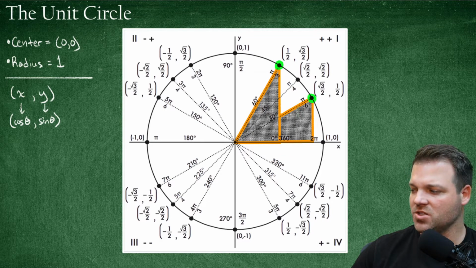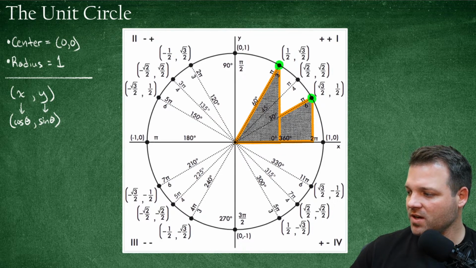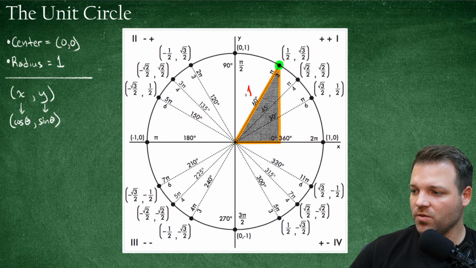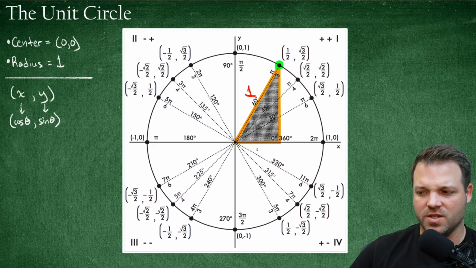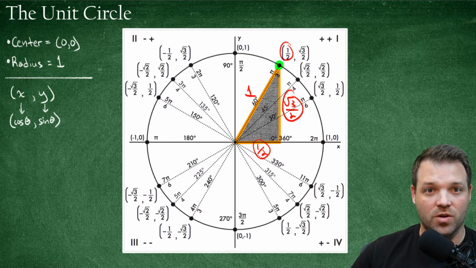Okay, it's just flipped around a little bit. So let's go ahead and see how this works. And I'll take away that other triangle real quick. So here we have a radius of 1. Let's go to the short side down here. Divide by 2, 1/2. We'll go to this side over here by multiplying by square root of 3, square root of 3 over 2. So what does that mean? Well, my x value is 1/2, as we can see right here. And my y value, we're going up by the square root of 3 over 2.